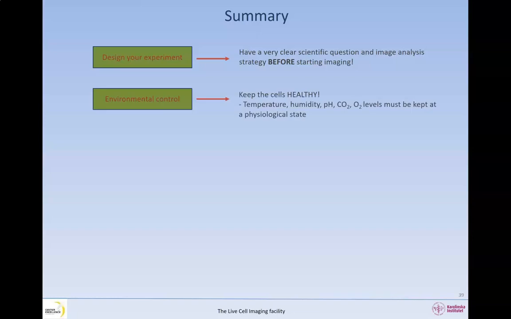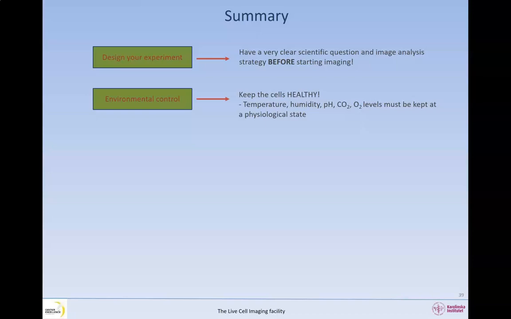Cells react sensitively to changes in their environment. Thus, it is crucial that the microscope environmental conditions are established to keep the cells healthy. The environment at the microscope must provide a precise and stable control of the temperature, humidity, pH, CO2 levels, and optionally oxygen levels.